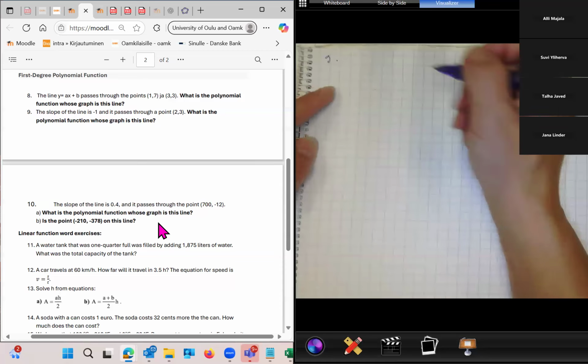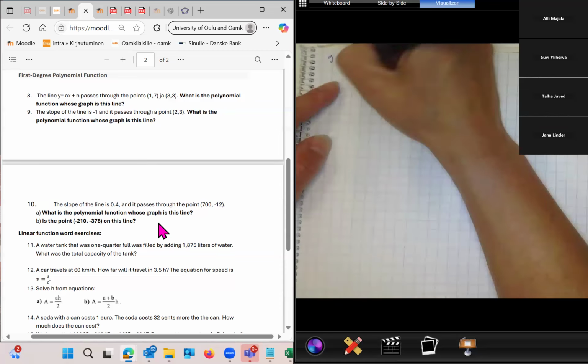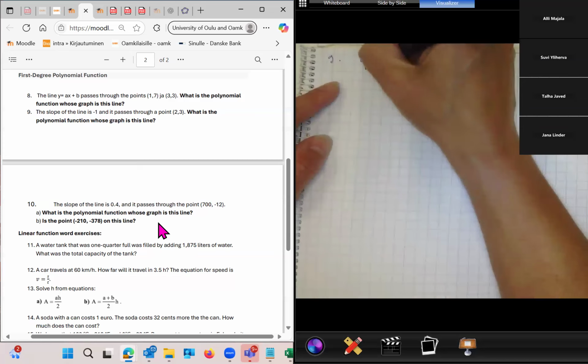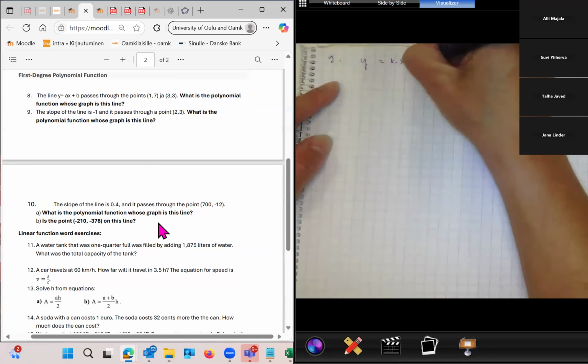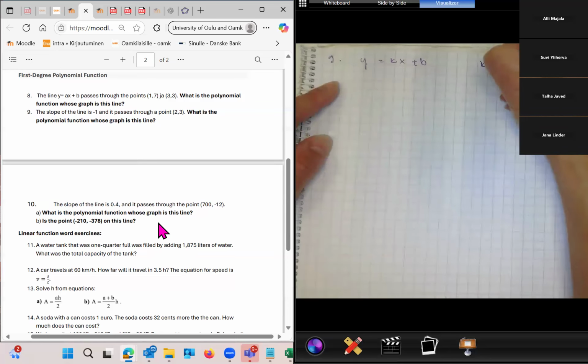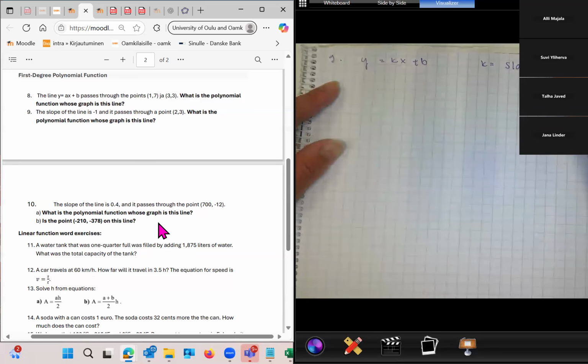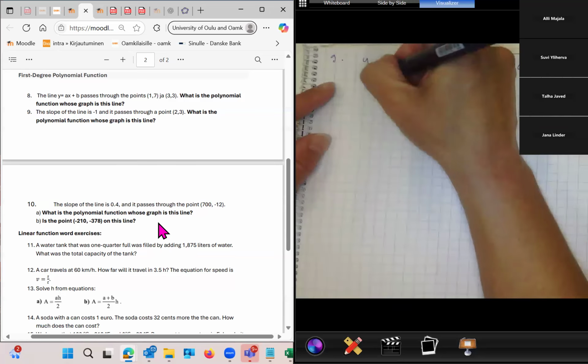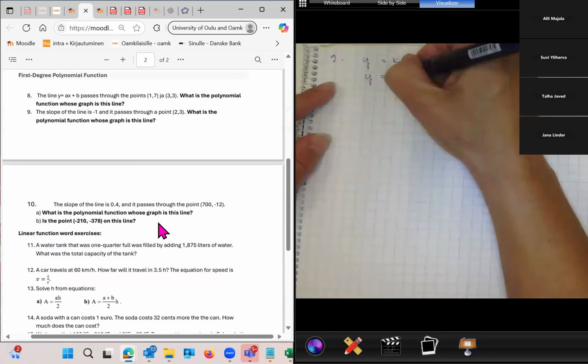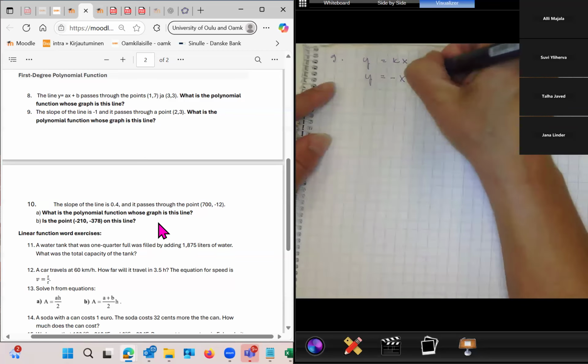Slope. Slope meant that when I have this here, the k is the slope, which in this one is -1. So now I already know minus x plus b.